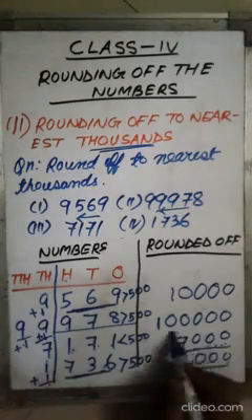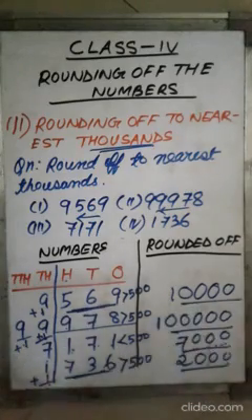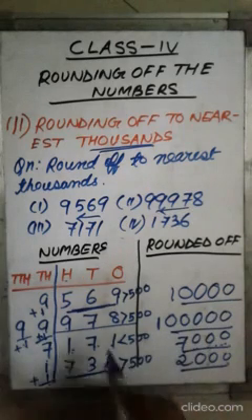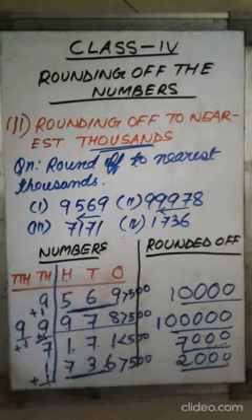So these are the rounded off numbers for the given numbers.